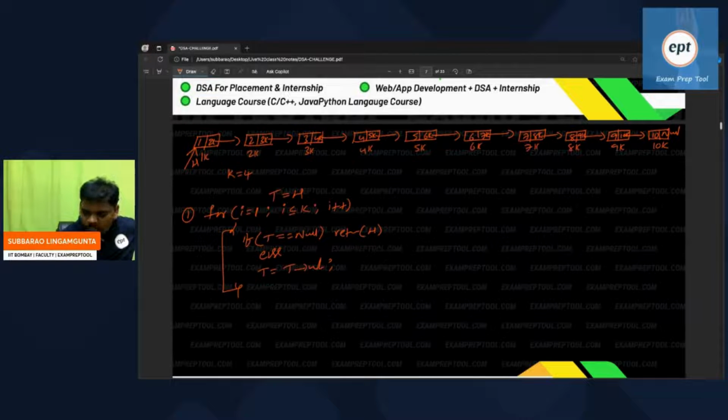Suppose the first node is there, then t is equal to t next, check whether the second node is also there or not. Suppose the second node is not there, simply return head, saying that I think k people are not there, I cannot reverse. Suppose the second is also there, then t is equal to t next, then go to the third node. It will continue like 4 times. K value 4, it will repeat 4 times.